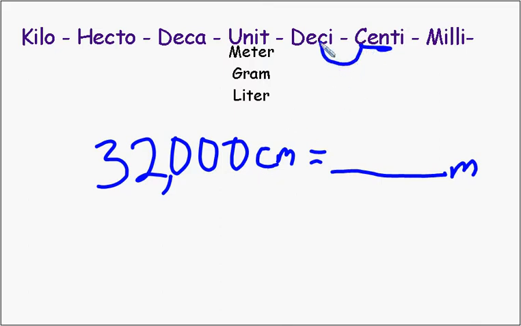And to do that, the decimal point's right here, you're simply moving the decimal point to the left. Going from centimeter to meter, I move it 2 times to the left. Once, twice. So 32,000 centimeters is 320 meters. Once again, I went in the direction to the left 2 places, so I moved the decimal point to the left 2 places, and I get 320.